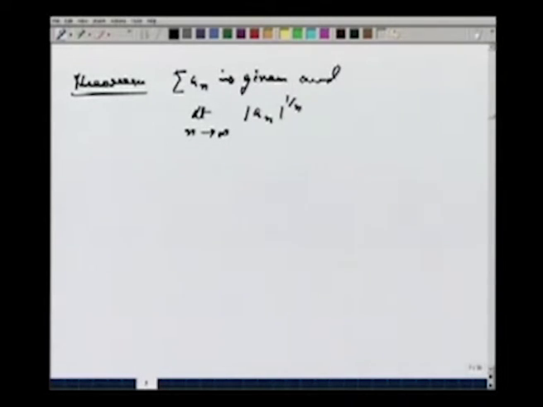So I write it as a theorem. Summation a_n is given, and limit as n going to infinity of modulus of a_n whole to the power 1 by n equals L. Then if L is less than 1, then the series converges.